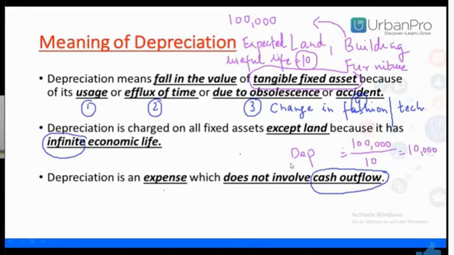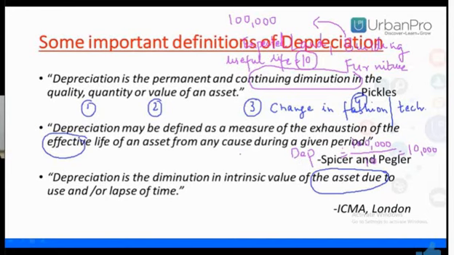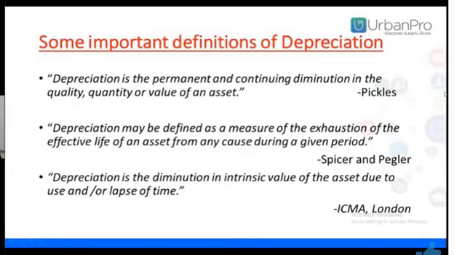Next, let me erase this. Okay. So now let's study some important definitions of depreciation, which you can see in your books as well. First definition is given, depreciation is a permanent and continuing diminution in the quality, quantity and value of asset.